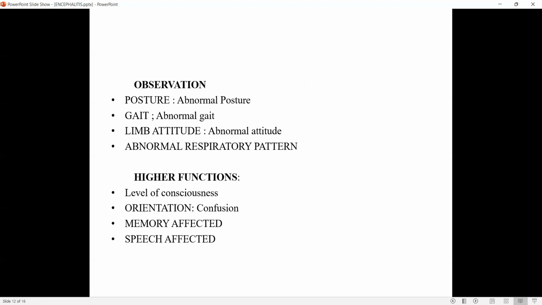Observation: posture, abnormal posture, gait, abnormal gait, limb attitude, abnormal attitude, abnormal respiratory pattern. Higher function: level of consciousness, orientation, confused, memory affected, speech affected.